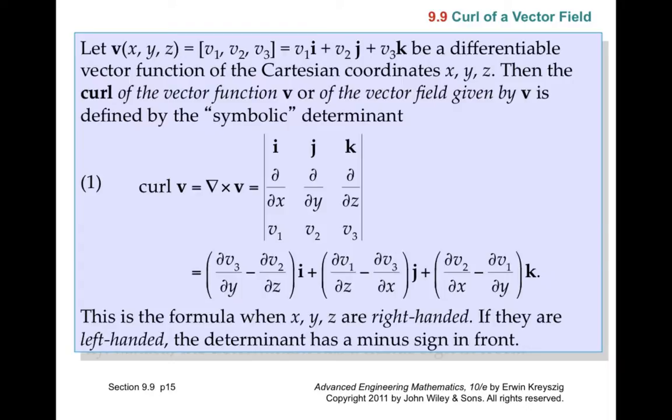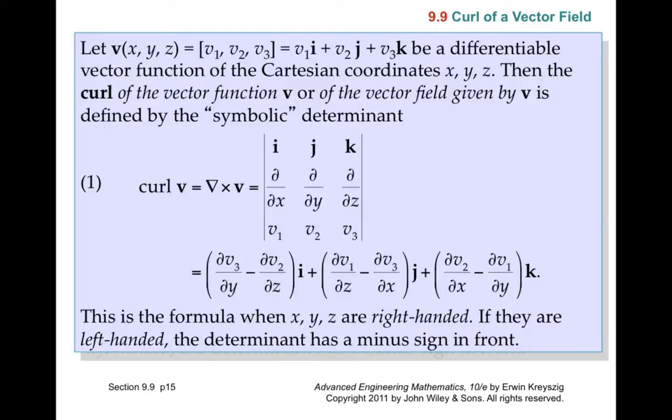So you could think about turbulent flow. If you go along the direction of flow and look at the rate of change of the velocity along the direction of flow, you're looking at a divergence. If you look at the eddy currents, or the rotation in the flow, you're looking at the curl.